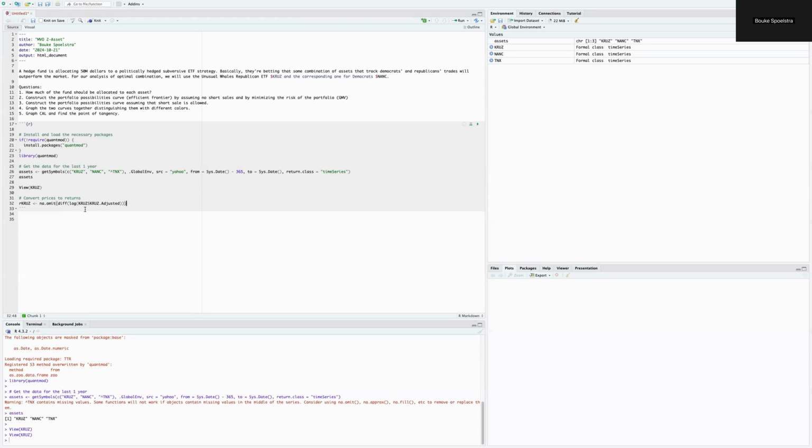Specifically being able to subtract the log values to get the returns. So that's why we're just taking the difference of the log values. So it's a simple mathematical function. And we're going to do the same for Nance.